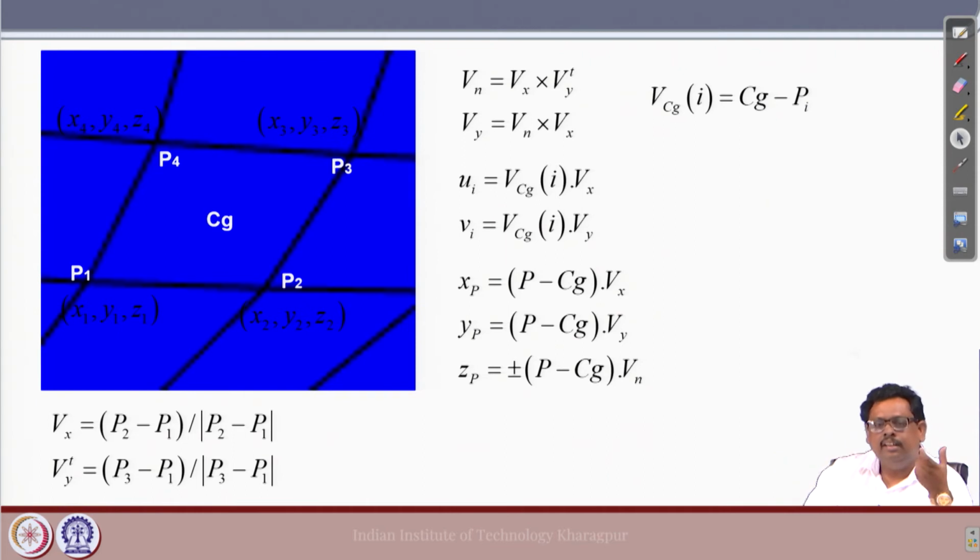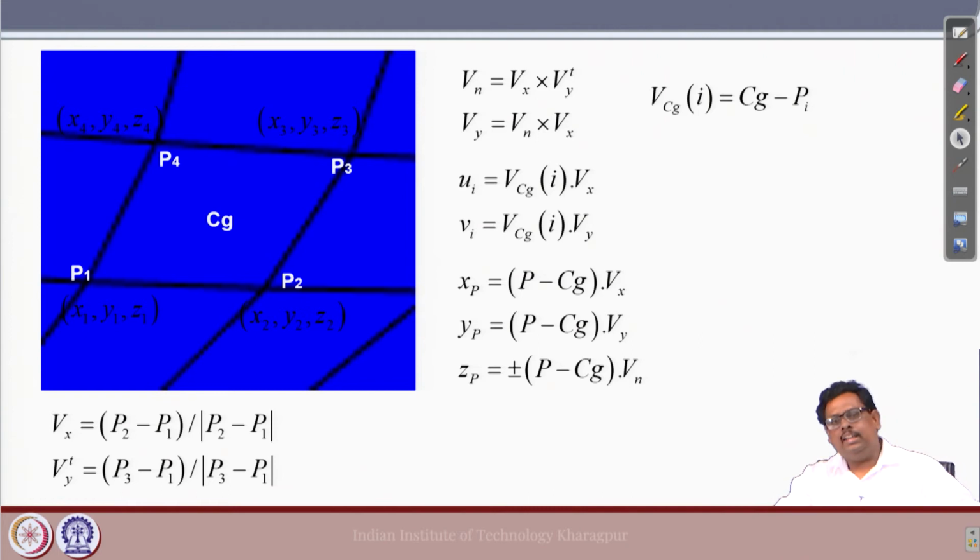That is the x component of that vector, and then that vector I multiply by Vx, I mean the dot product with Vx. Then yp similarly, P minus Cg is a vector, and then the dot product with Vy. And then the zp is again P minus Cg, but now I am taking the dot product with the normal.